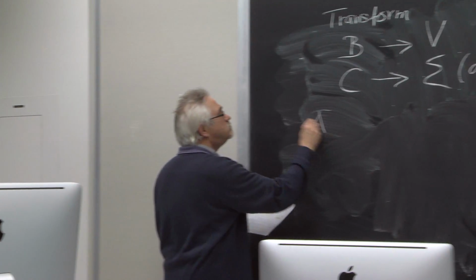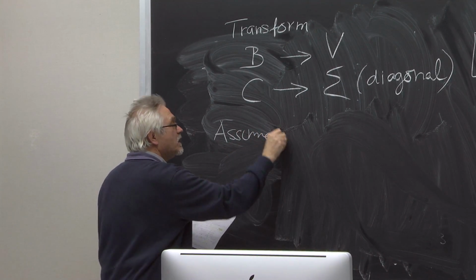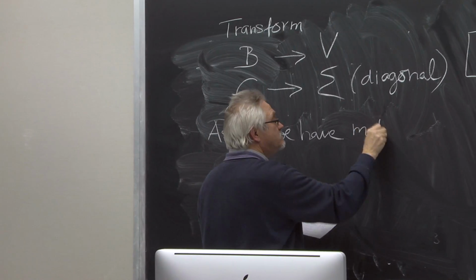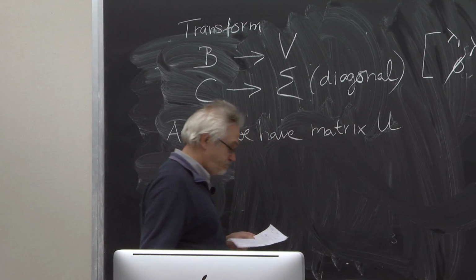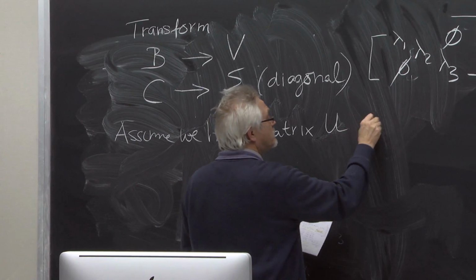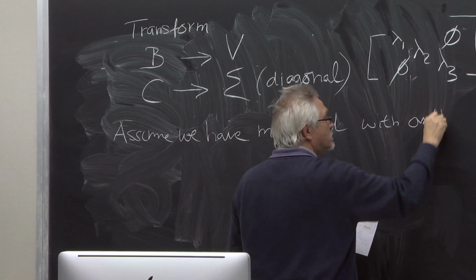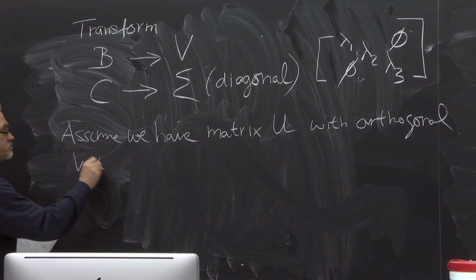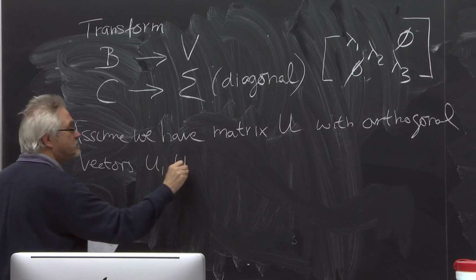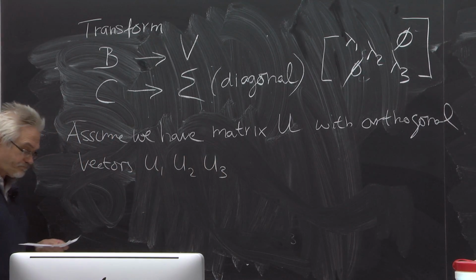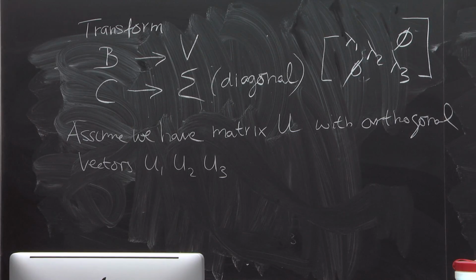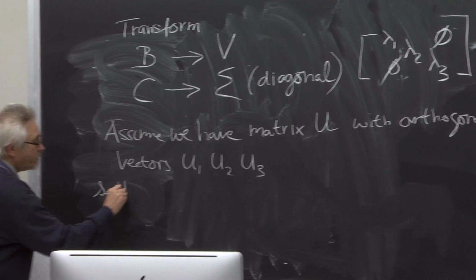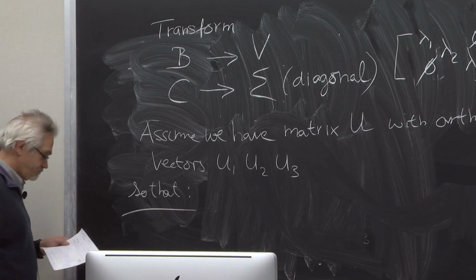So now let's assume we have matrix U with orthogonal vectors U1, U2, and U3, in a way that we satisfy the following.